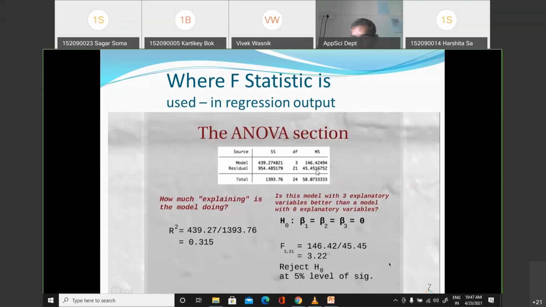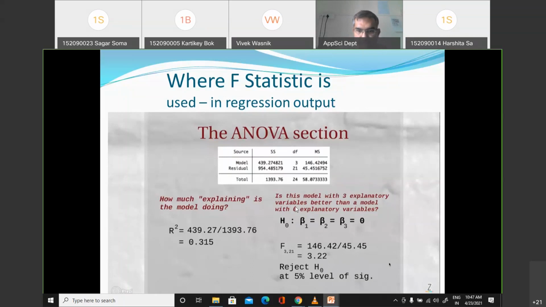Variation we can compare to find out the F statistic. And here it is in the rejection region. So we say that we reject the null hypothesis. Null hypothesis is there is no difference between these models. When we reject that, it means there is a difference between these two models, and our regression equation is indeed adding some value. Okay.